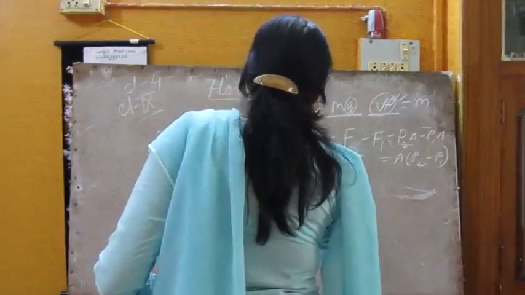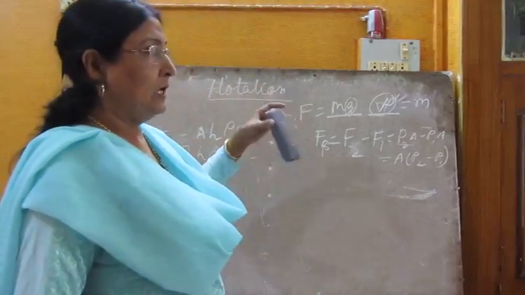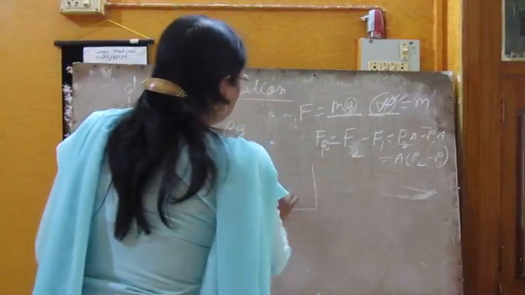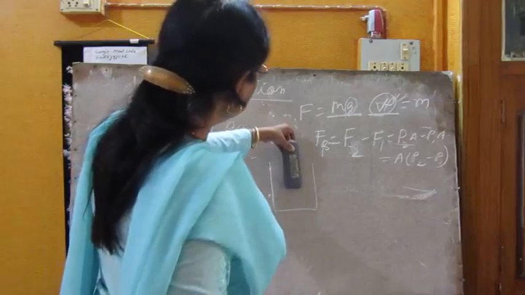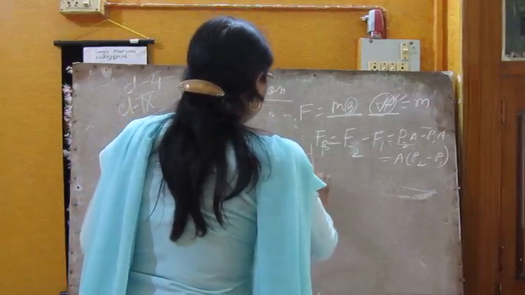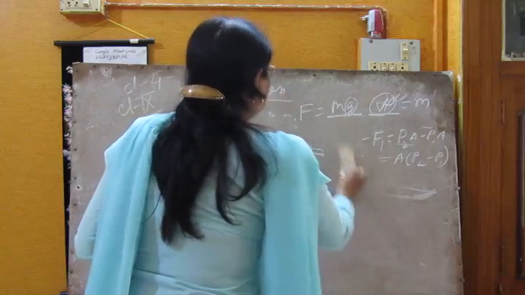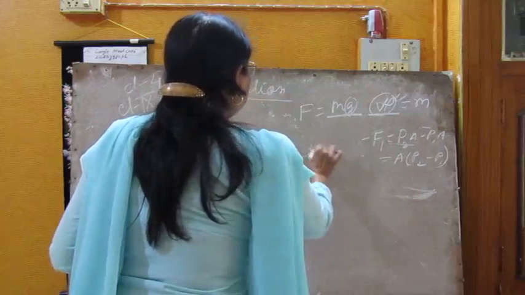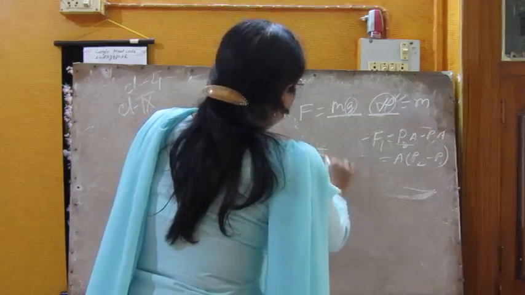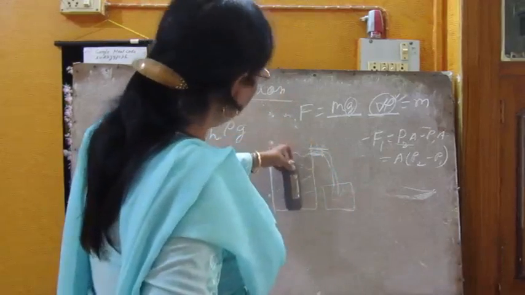Archimedes told that when we immerse a body inside a liquid or gas, the object displaces an equal amount. Suppose I immerse this object inside the liquid, and we have a pipe with an outlet here. When I immerse it, extra water will come out from here and you collect this water, or any liquid.